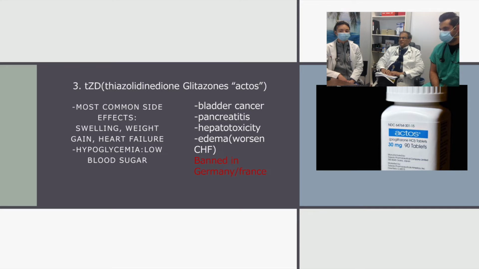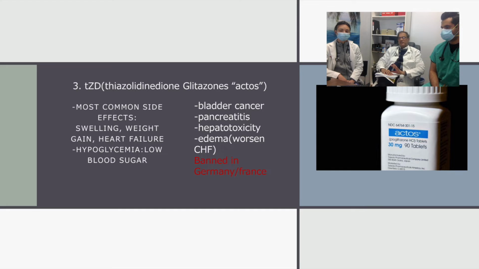The most common side effects we have seen is they develop some pedal edema, and also they will have some weight gain, which we don't want. Retention of salt and water will cause more problems with heart failure, and also there's a low probability of getting hypoglycemia.